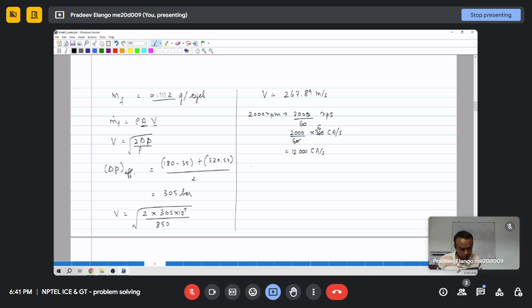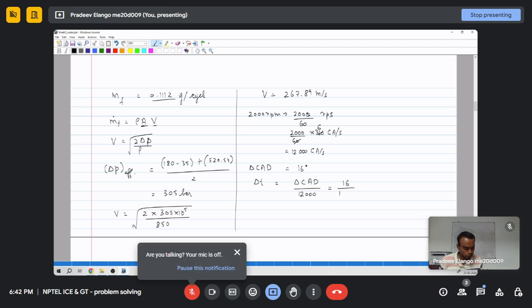And it was given as delta crank angle degrees, that is 16 degrees, so delta T will be delta crank angle degrees divided by 12,000. Crank angle will get cancelled and we will have seconds. This is 16 by 12,000.